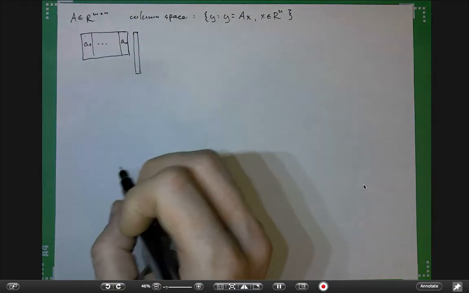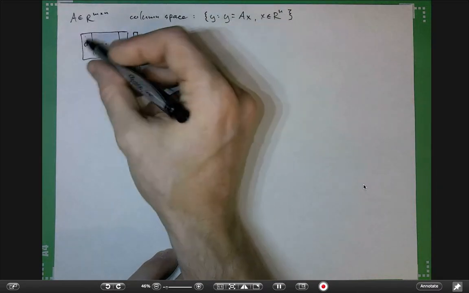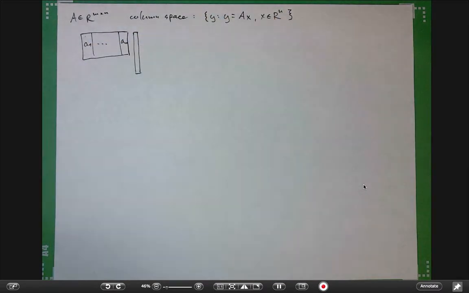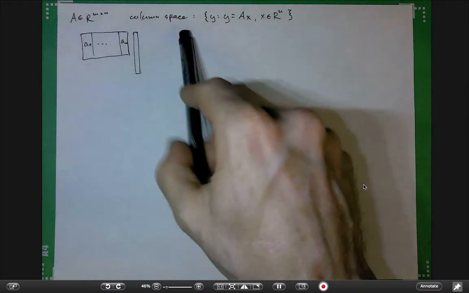Do you see it there? I would really like you to get the geometric intuition: when I multiply the matrix by the vector, I'm just doing a linear combination of all these columns. If it's not clear, I can write it out. Shall I write it out? No. Okay, good. So that's what the column space is.